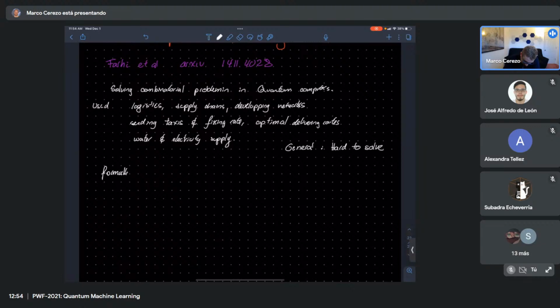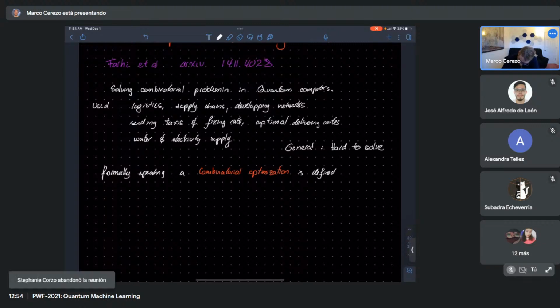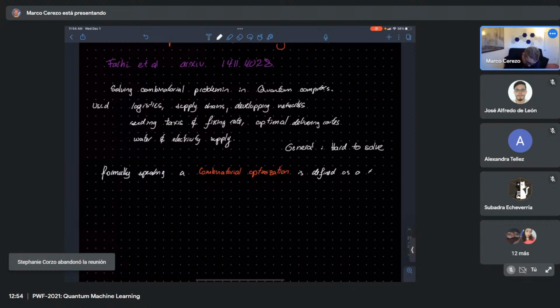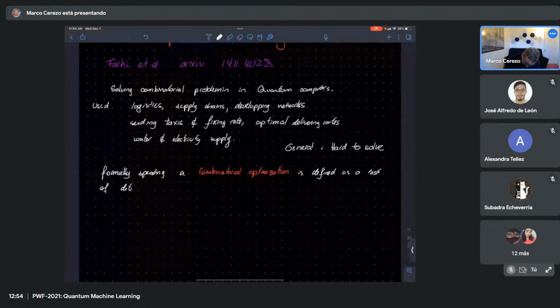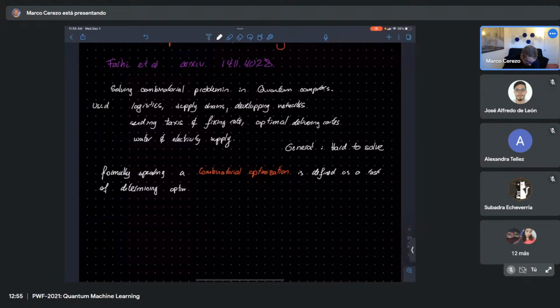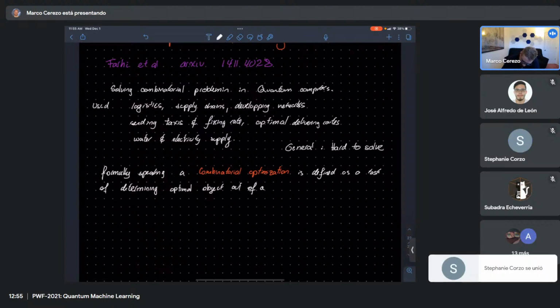Let's start going back to this red color for important things. A combinatorial optimization problem is defined as a task of determining an optimal object out of a finite set of objects.